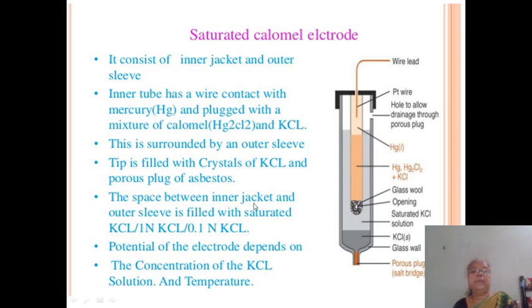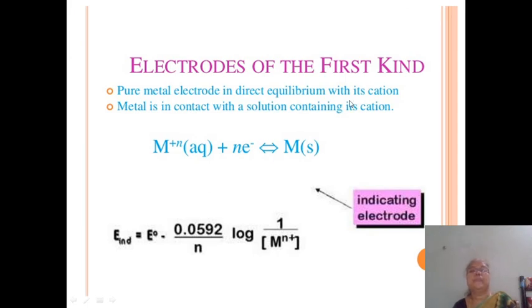The space between the inner jacket and outer sleeve is filled with saturated KCl solution. So this electrode is termed the saturated calomel electrode, or it may have a concentration of 1 normal or 0.1 normal. The potential of the electrode depends on the concentration of KCl solution and temperature. Okay, this is the construction of the calomel electrode.